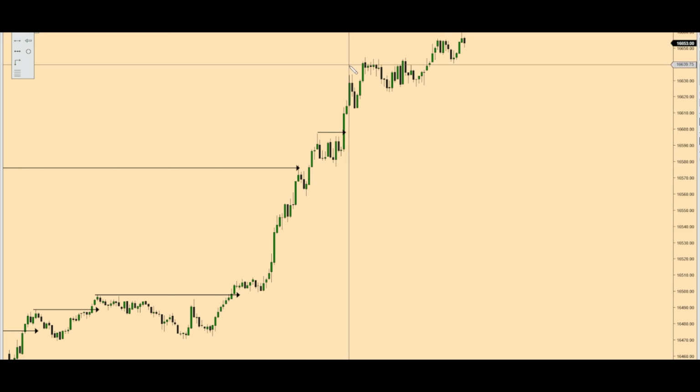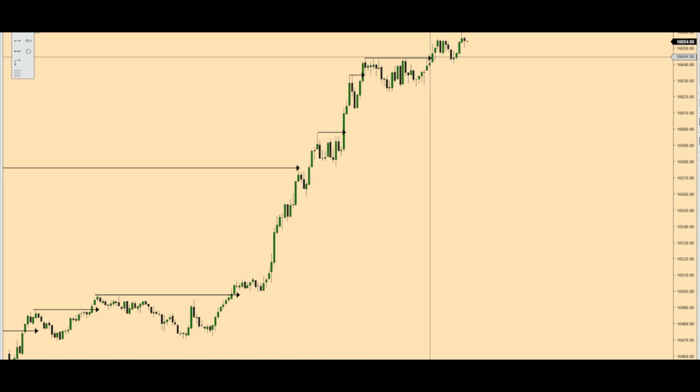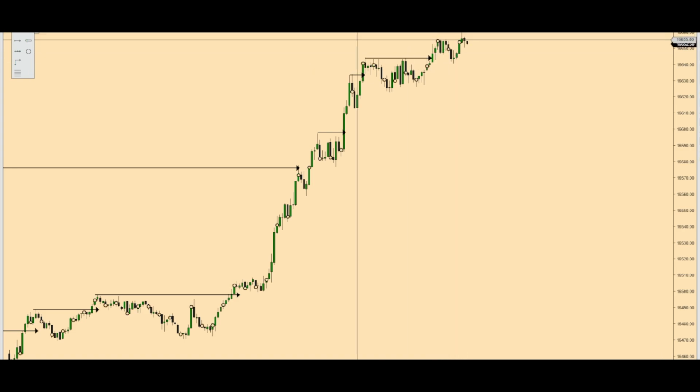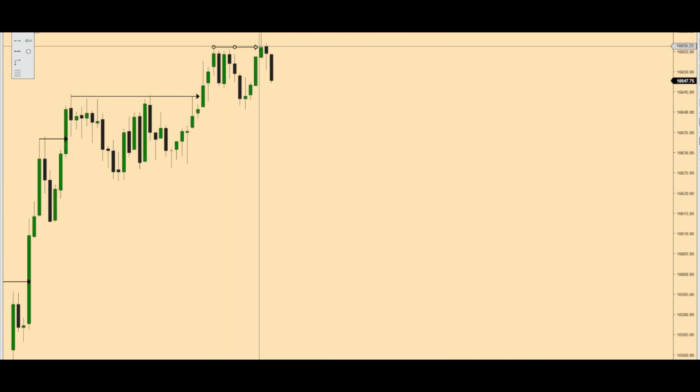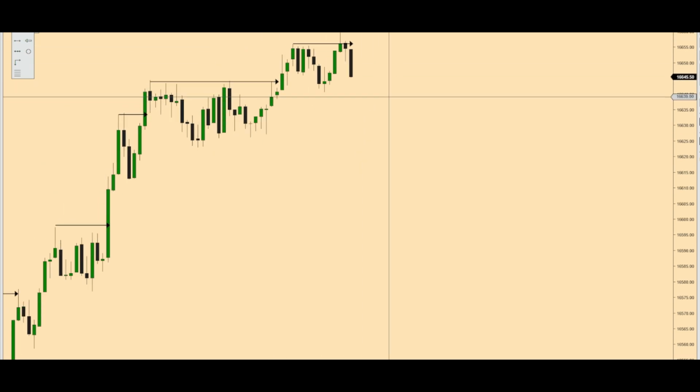If you have to mark every zone, this is a valid pullback. Valid pullback. We didn't get a candle closure above.